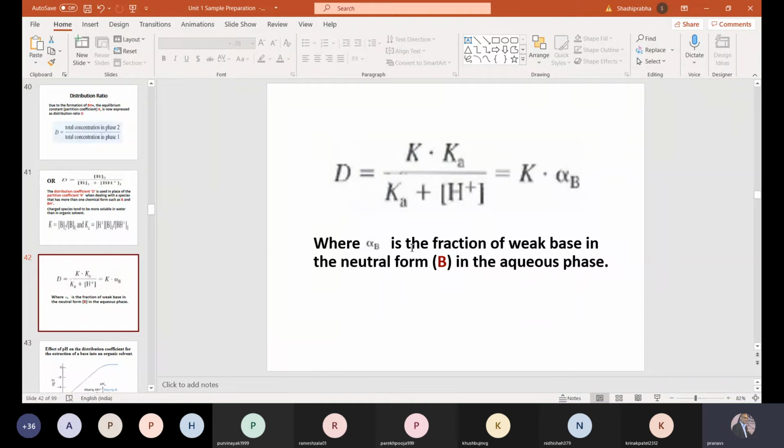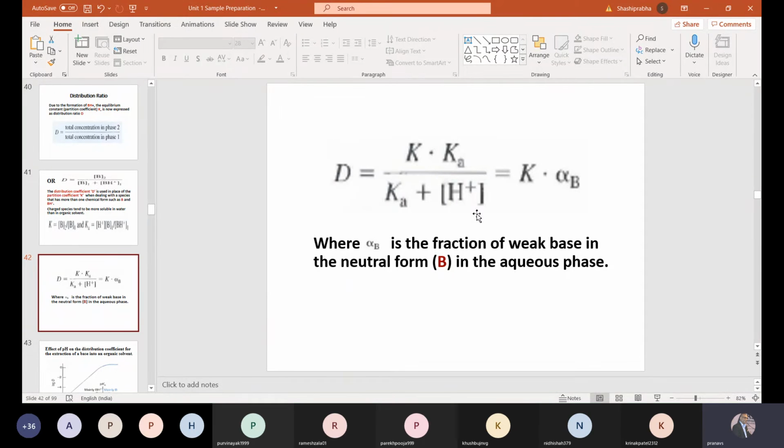Now what this tells us is that D, the distribution ratio, is dependent upon the ionization constant. What we understand from this is that if H+ ions are more, D will be less.